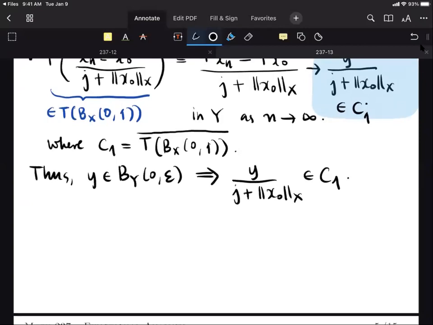Now we can choose our number xi to be epsilon over this denominator, which is obviously positive.